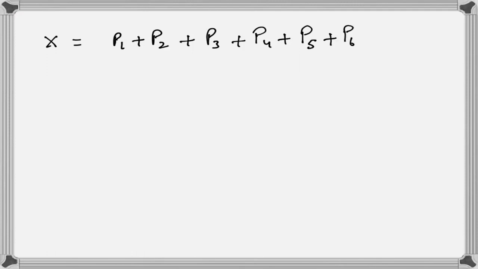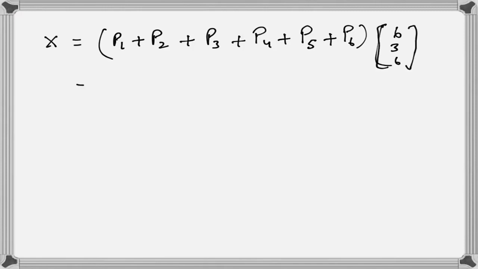So X (1 1 1) will be nothing but (P1 plus P2 plus P3 plus P4 plus P5 plus P6) times (6 3 6).